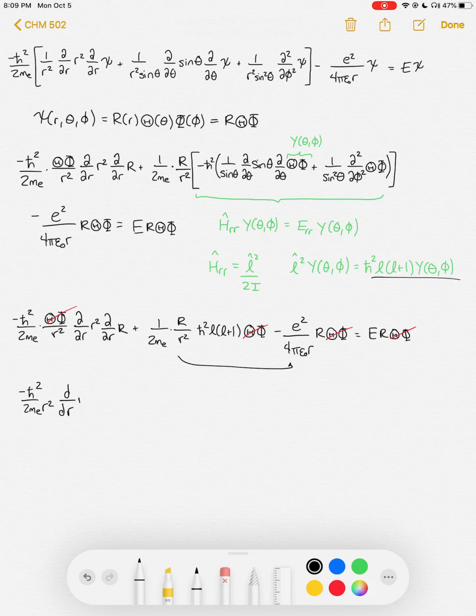So the derivative with respect to r of r squared times the derivative with respect to r of our function R. And then we're going to add to this h bar squared times l(l+1) over 2me r squared minus e squared over 4 pi epsilon naught r times our radial function is equal to the total energy times our radial function. So here we have lost the angle components for the total energy. You can see the energy only depends on the distance, the radius r.